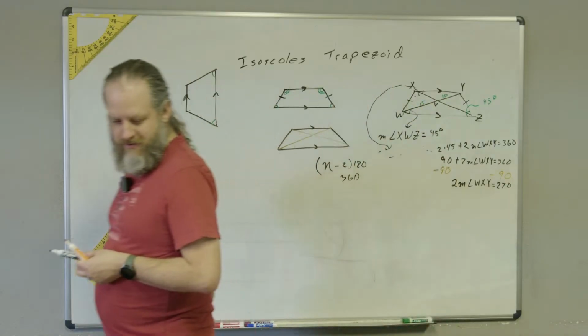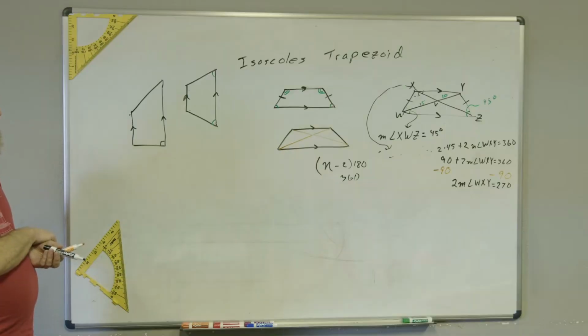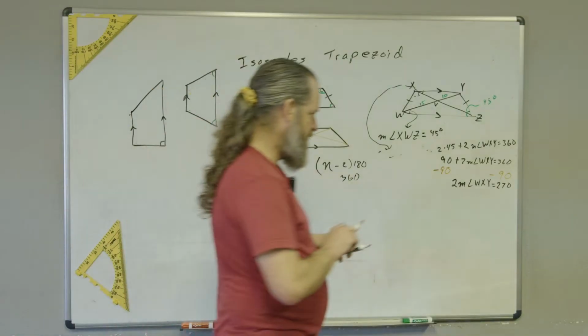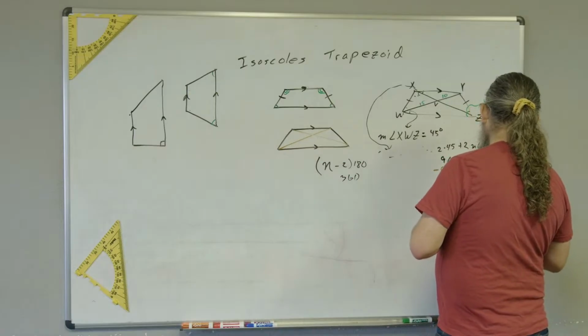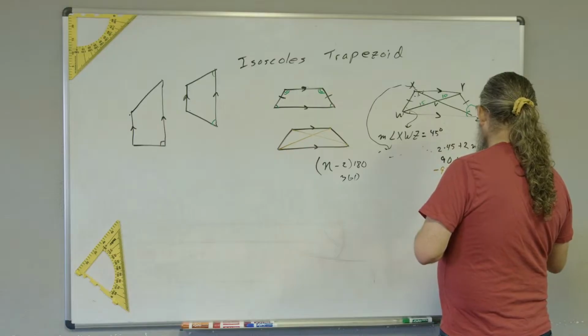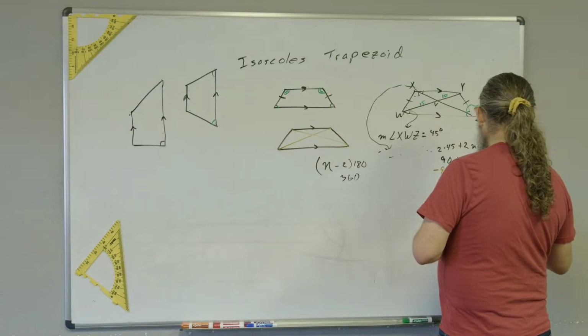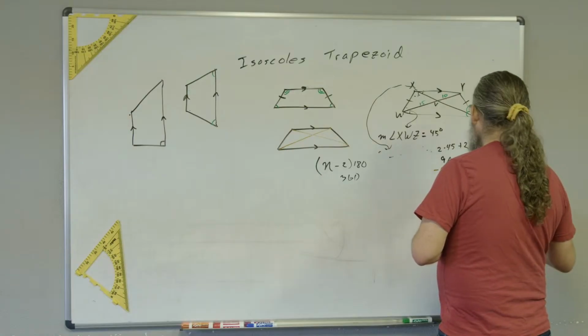Now what? Divided by 2. What's 270 divided by 2? The measure of angle WXY equals 135 degrees. Okay.